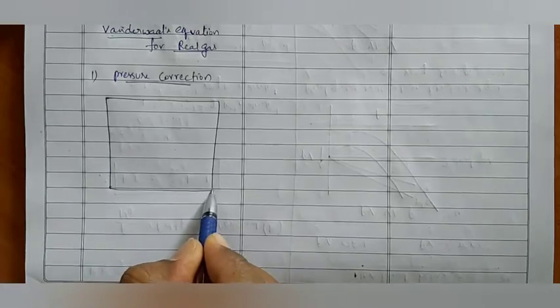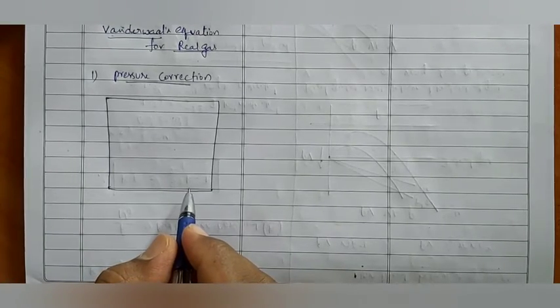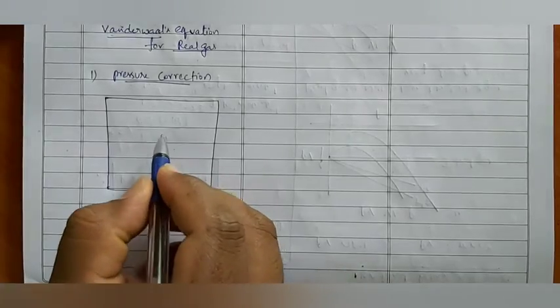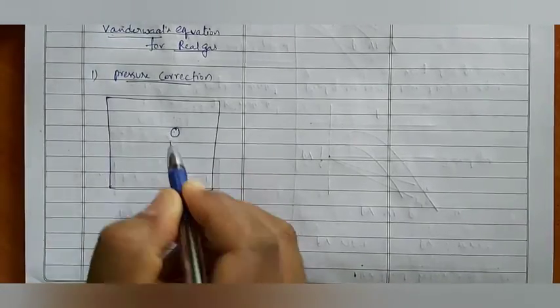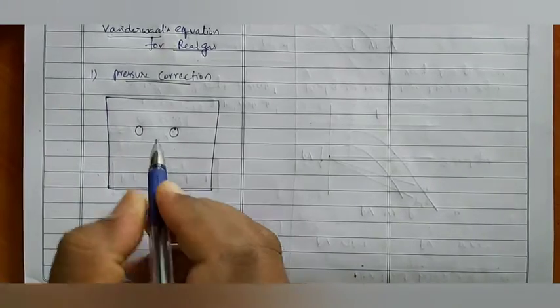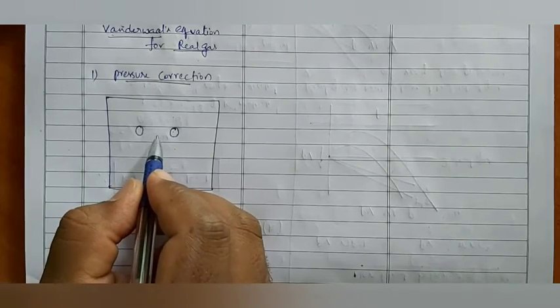This is the container in which I am going to consider one gas. According to ideal gas, there should not be any attraction between the molecules. Now let us consider. I am considering this molecule here and another molecule is here. Between them, according to ideal gas equation, attraction should not be there.